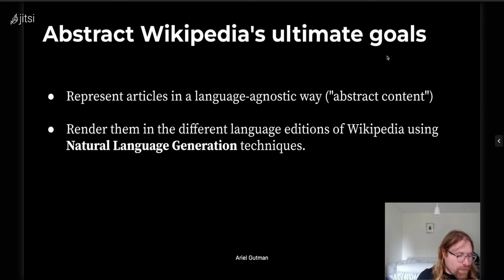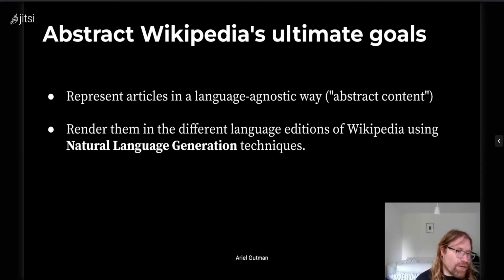Okay, so maybe not all of you know what the Abstract Wikipedia project is about. Let me tell you that the ultimate goal of this project is to be able to, on one hand, represent articles in a language agnostic way. That is the so-called abstract content, which will probably be stored on Wikidata.